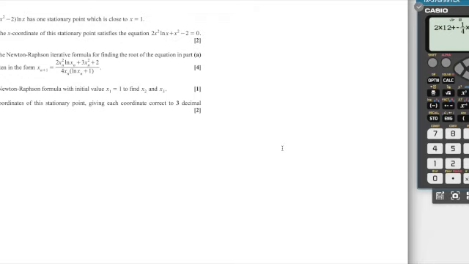I see the word stationary point. I'm going to differentiate. I've got two things multiplying together, so that's the product rule. So let's make u equal to x squared minus 2, and v is ln x. du by dx then is 2x. dv by dx is 1 over x.